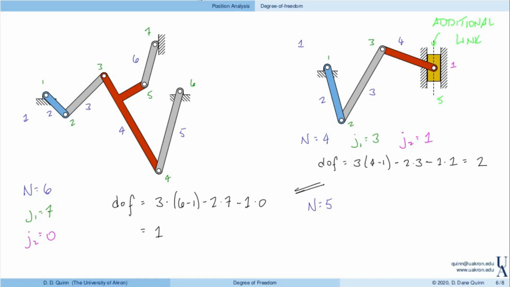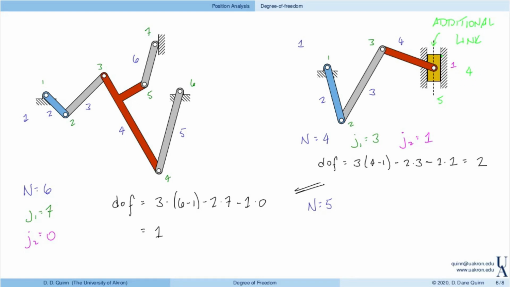Let's count them up first. The number of 1 degree of freedom joints. Remember, these allow 1 degree of relative motion. So 1, 2, 3 as before. But now this joint between the red and the yellow link would be a 1 degree of freedom joint. So that would be joint number 4.